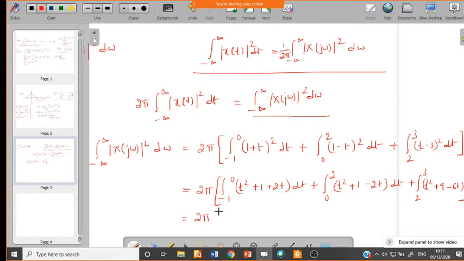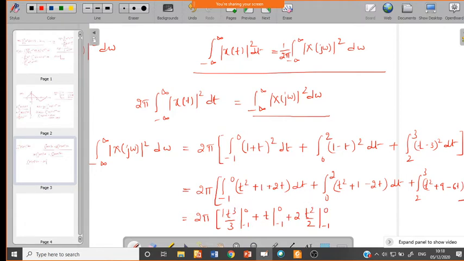2 pi, so the first one is t cube by 3 from minus 1 to 0, plus 1 into dt gives t between minus 1 to 0, and plus 2 into, for t, it is t square by 2 from minus 1 to 0. So this is for the first integral.